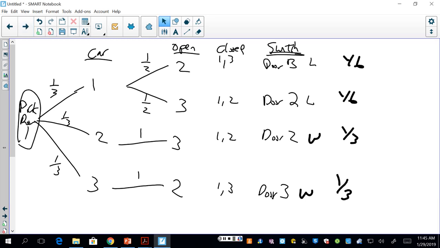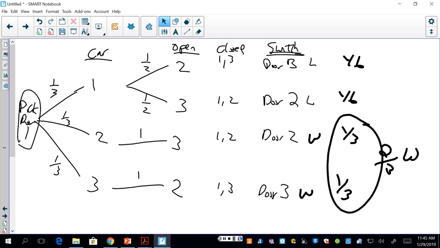So you pick door 1 and then follow this logic, and your strategy is to switch, what's your probability of winning? 2/3. Yeah, 2/3 for win if you switch.